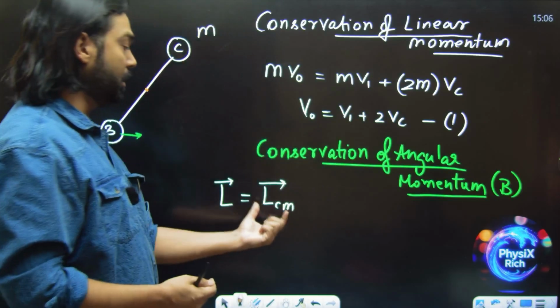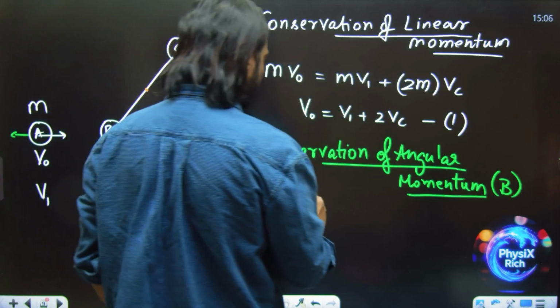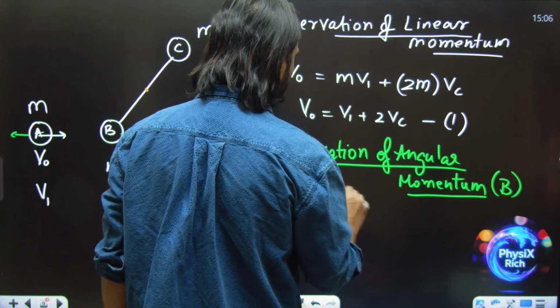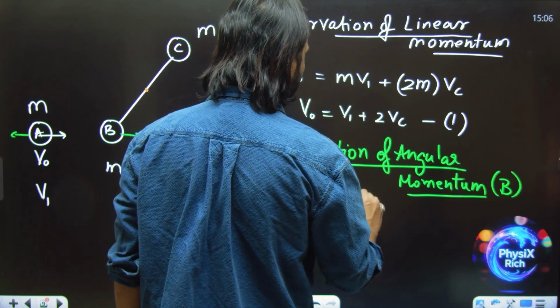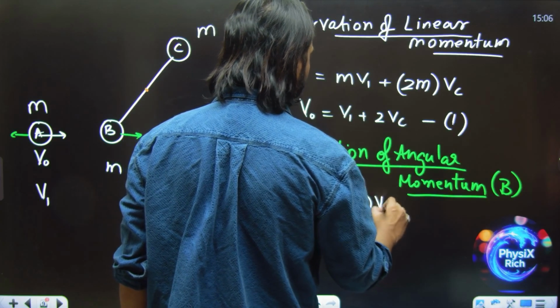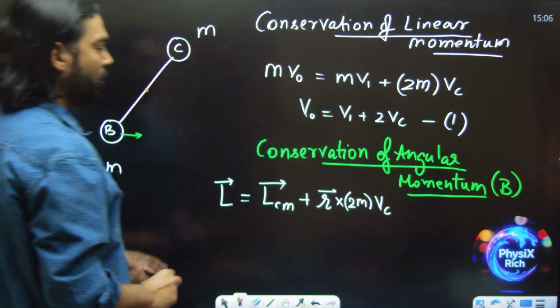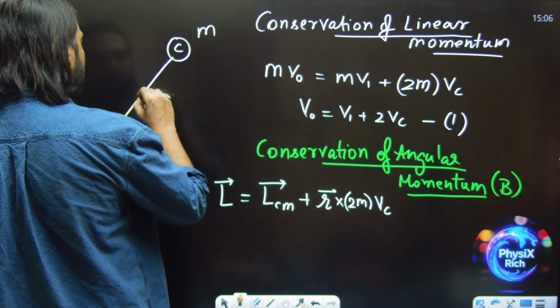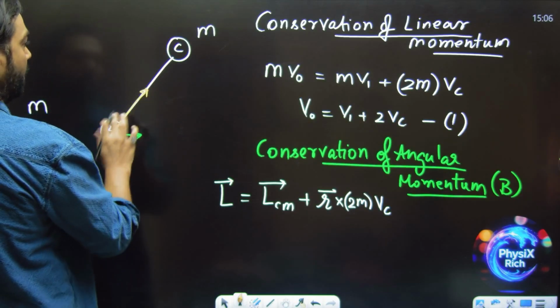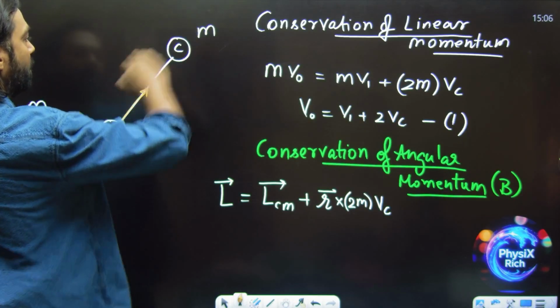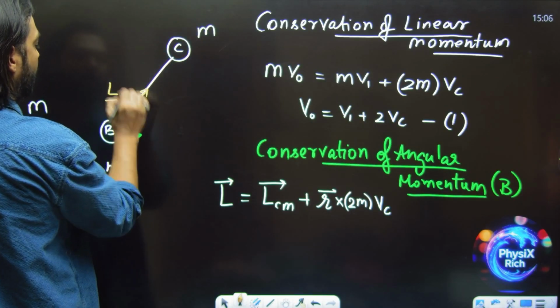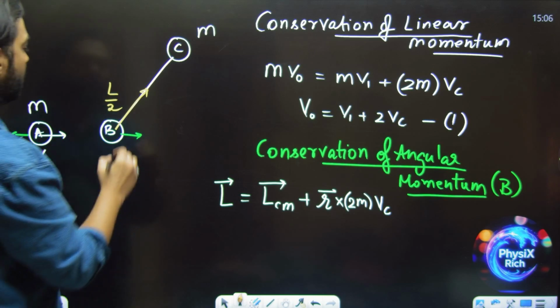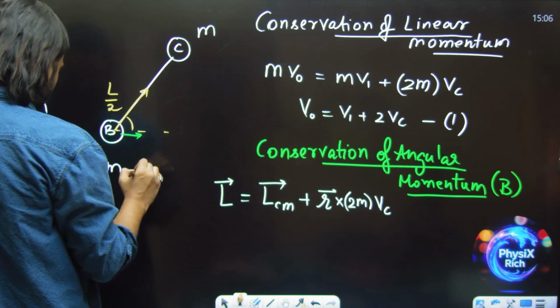So that will be its intrinsic angular momentum plus R cross total mass, which here will be 2m, VC. Where what is R? R vector, guys, is going to be this vector. And remember that this length is L, so this will be L upon 2. Also remember that this angle was given to us in the question.